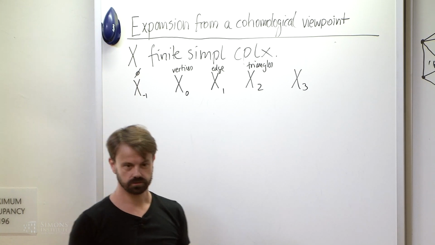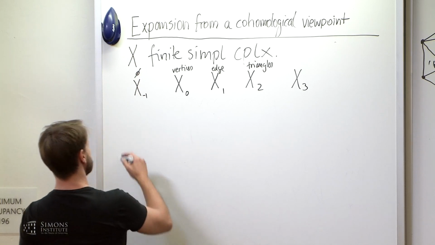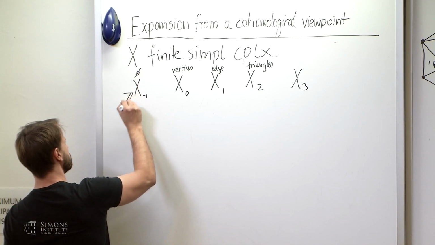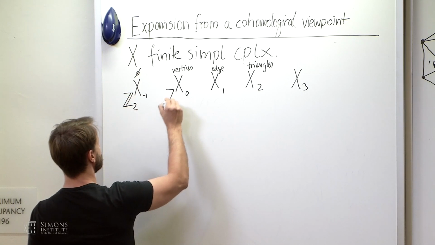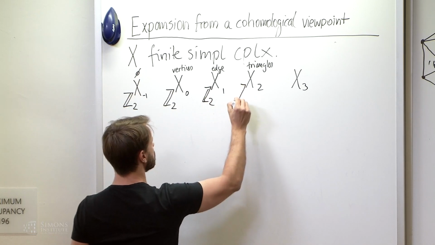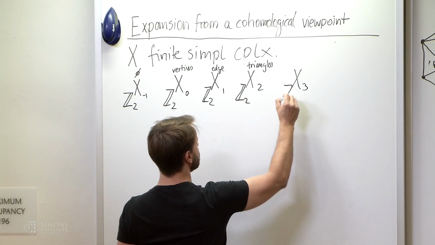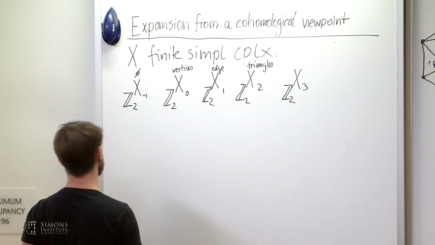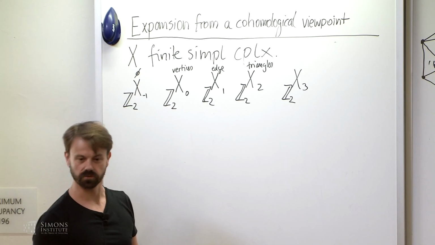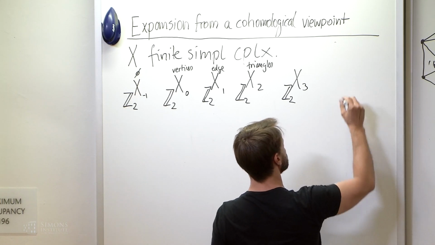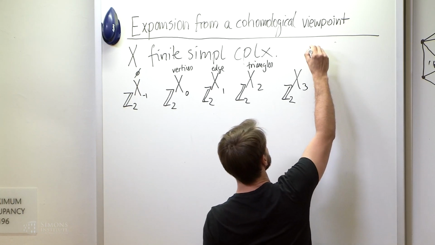Now, in cohomology, you essentially look at an algebraic version of this, and the simplest one that I want to focus on is you look at vector spaces over the field with two elements. And then topologists call these cochains, or sometimes chains, but I will call them cochains. So let me introduce this notation.